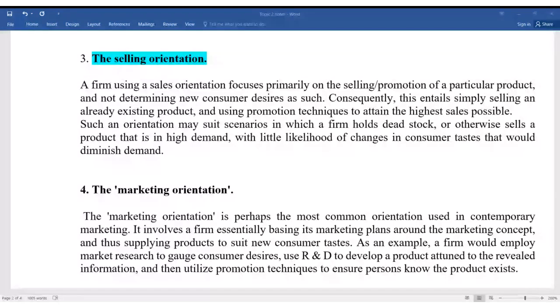Another opportunity to use it is when introducing new products into the market. So there are several ways that you can apply this concept.